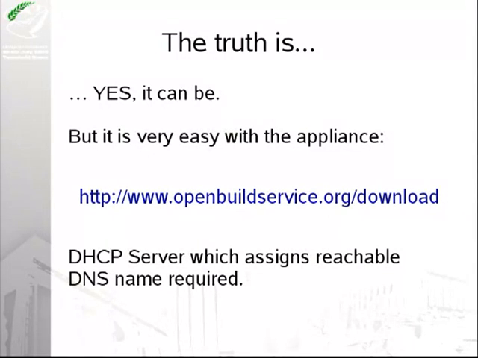But most people nowadays start with the appliance, and the appliance has everything. So it's just downloading the image, starting it, and if you have a DHCP server in your network, it gets a DNS name, then it can configure the Apache and all the stuff automatically, and it just runs. So it's really a one button click installation then.